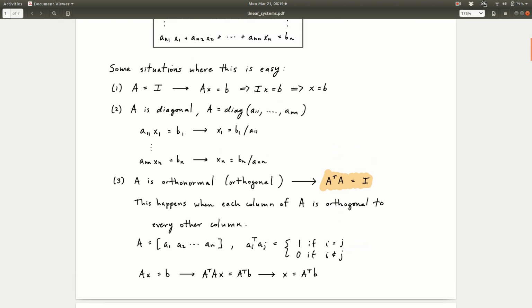Okay, so let's go to a little bit more complicated one. If the matrix A is orthonormal or orthogonal, what that means, so orthonormal, is that if you do A transpose times A, you get the identity matrix back.